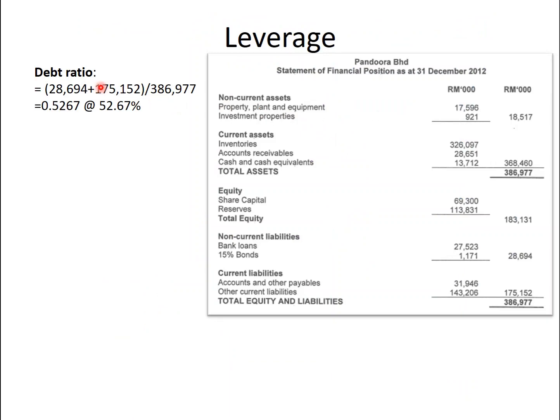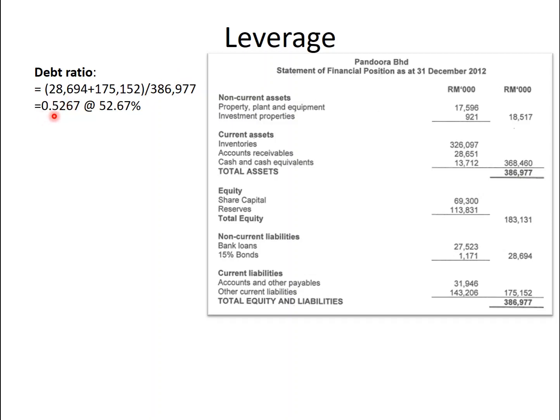The first ratio is debt ratio. The formula is total liabilities divided by total assets, where total liabilities are non-current liabilities plus current liabilities. So 28,694 plus 175,152 for the total liabilities, divided by total assets, which is 386,977.